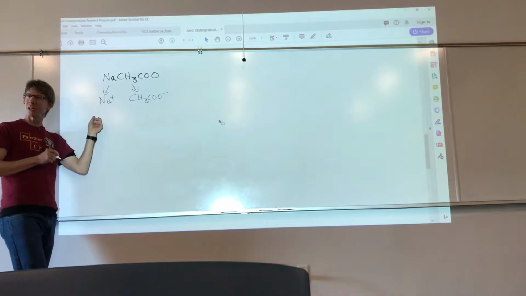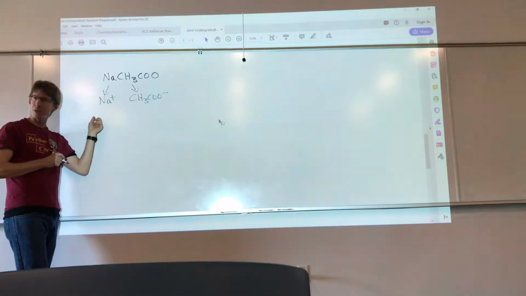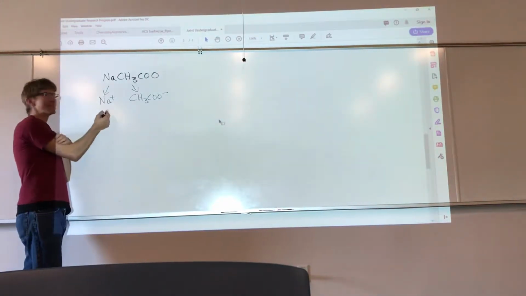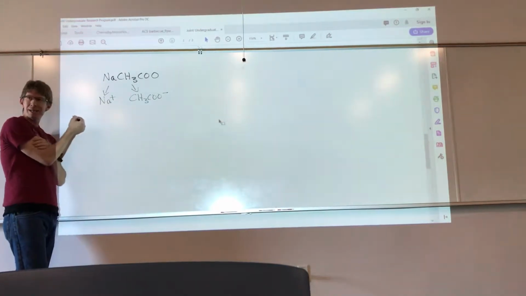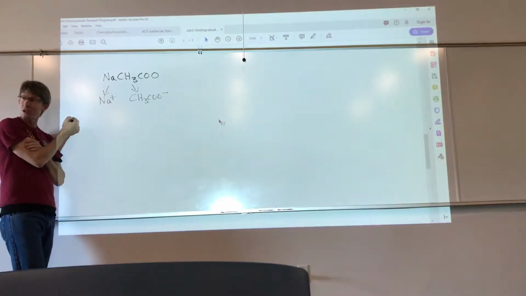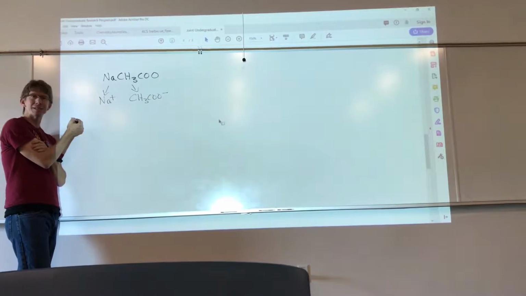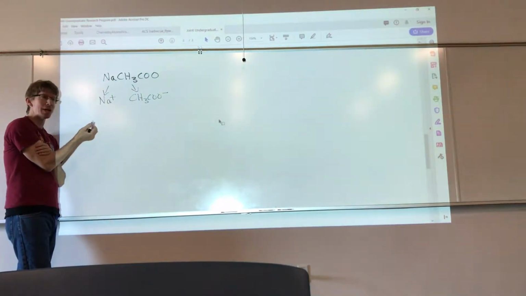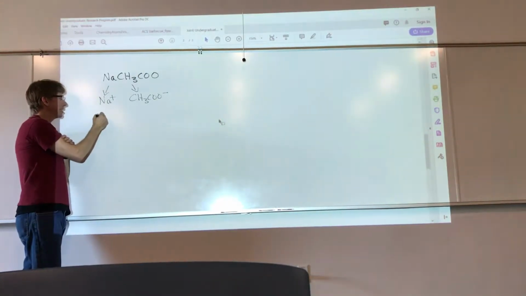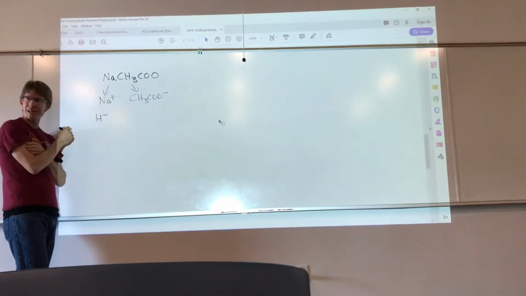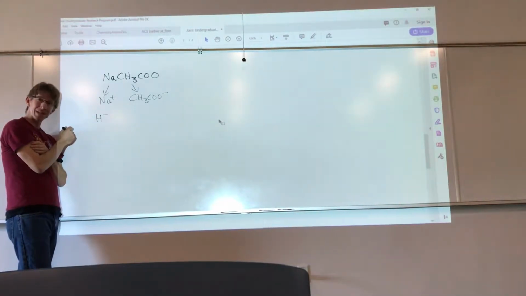The slightly longer answer, which I don't know if it's worth knowing or not, is that if this is an acid and you take a hydrogen away from it, which is what you do to acids to get conjugate bases, there are no hydrogens to take away from it, but the conjugate base would be the hydride ion, which is a strong base.